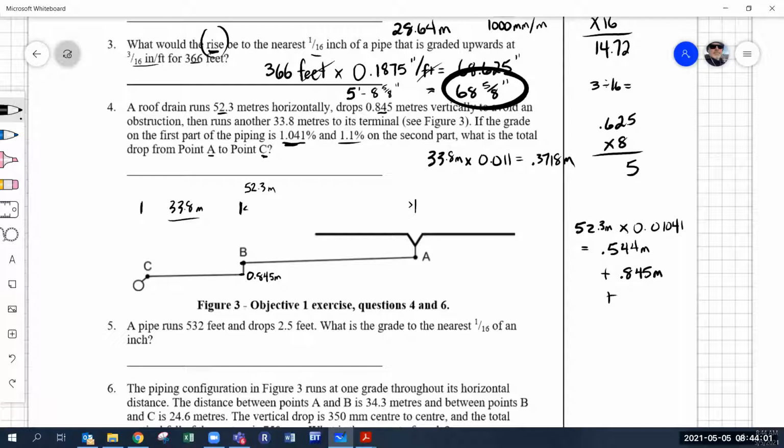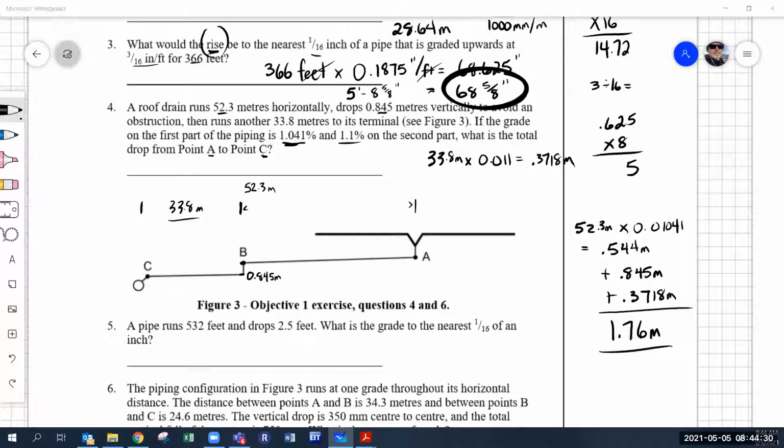So I'll add 0.3718 meters to this, and we'll add those three together. And I come up with a total drop of 1.76 meters for question 4.